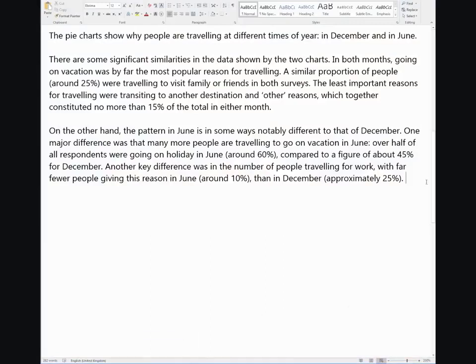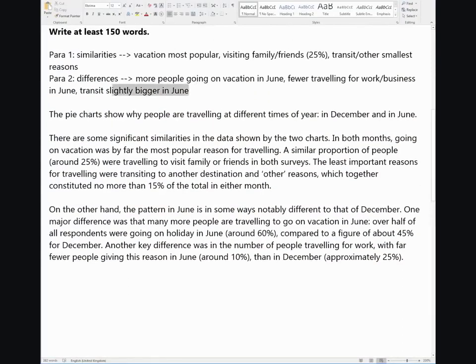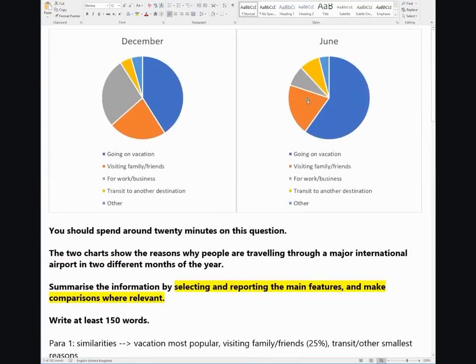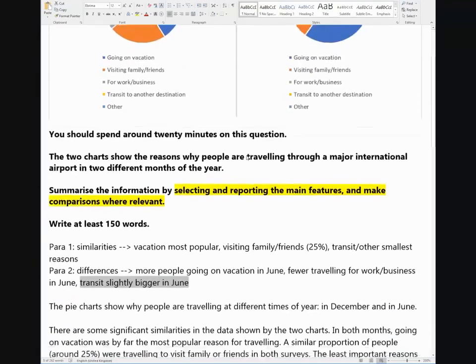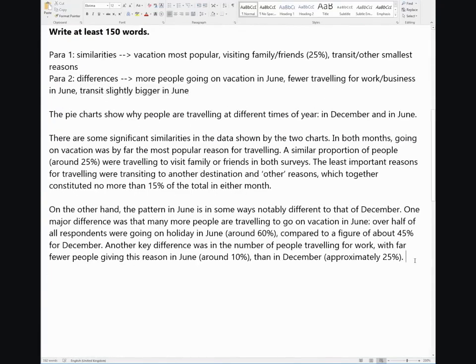How long have I got? 4 minutes. Okay, I need really one more sentence. I need to talk about the fact that transit is slightly bigger in June, and then I need a couple of minutes to check. So, transit is a minor reason in both months, but in June it's just slightly bigger, maybe, I don't know, 10% as against 5% or something like that.